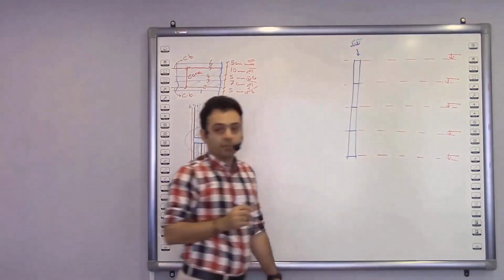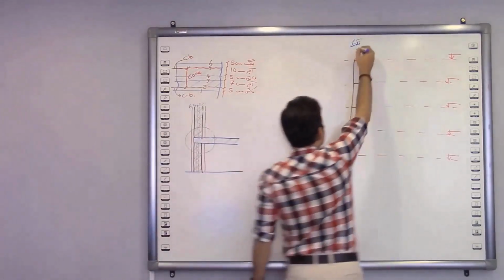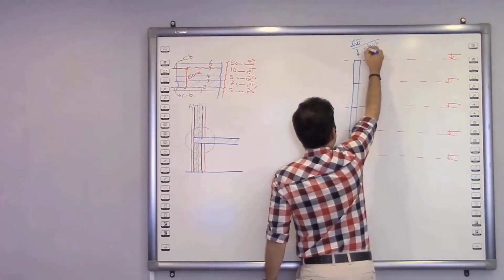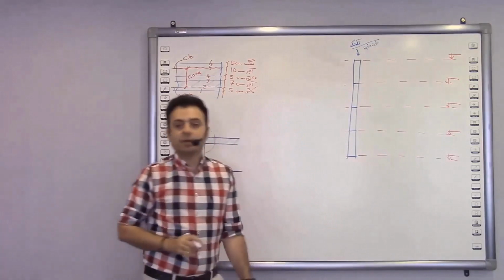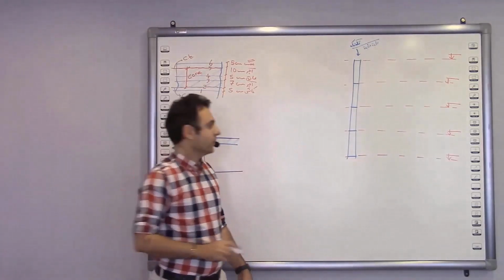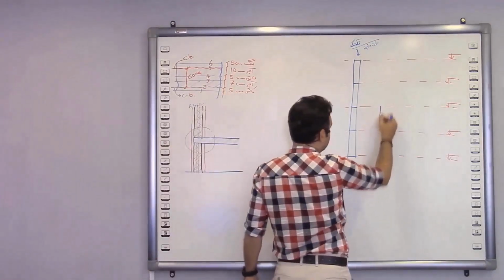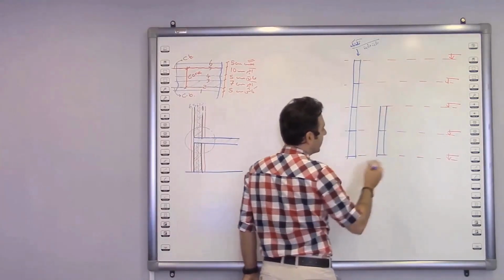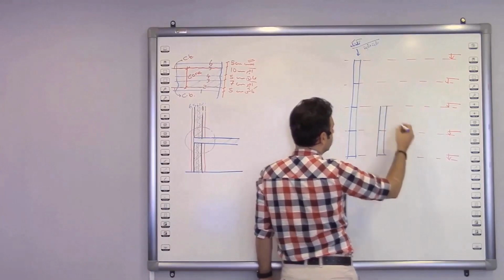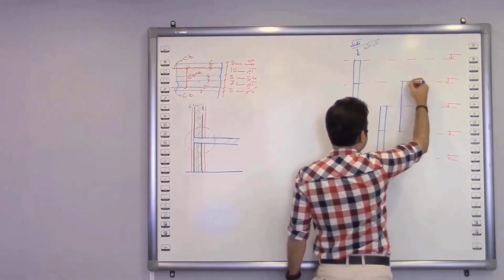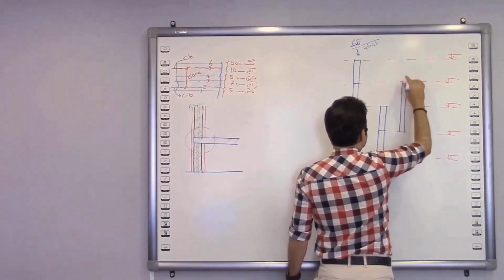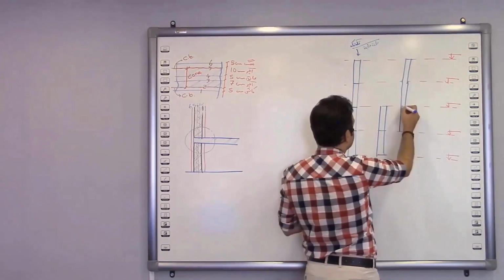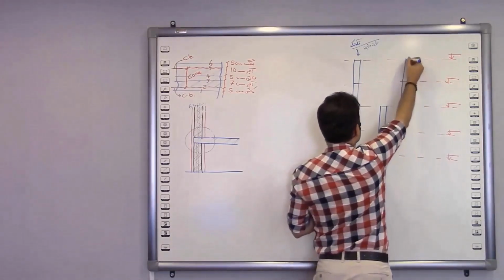Or we can say each of these is a floor. That's better. These walls have been drawn as floors. We also have two floors here. And even here too. This one has floors too, so be careful.